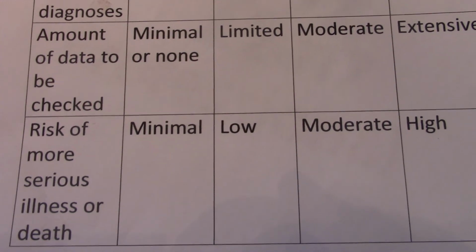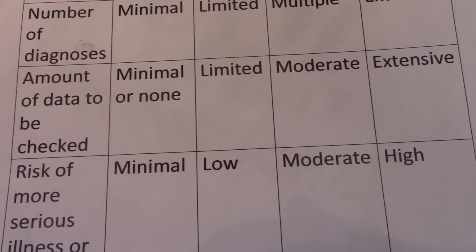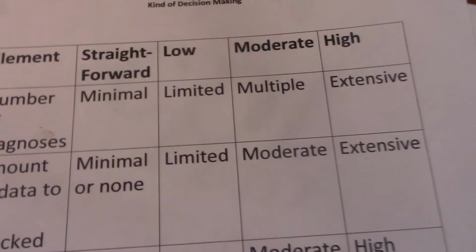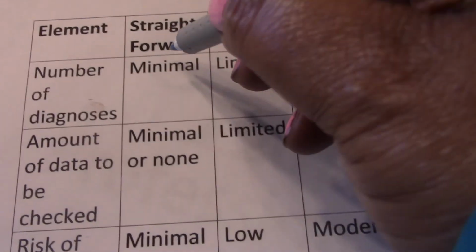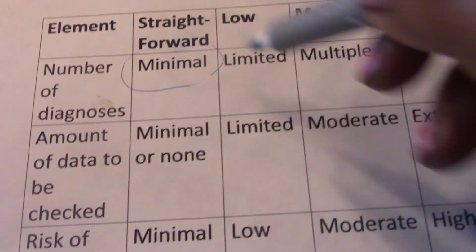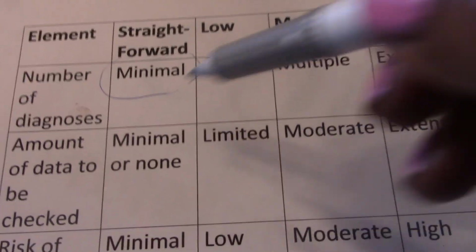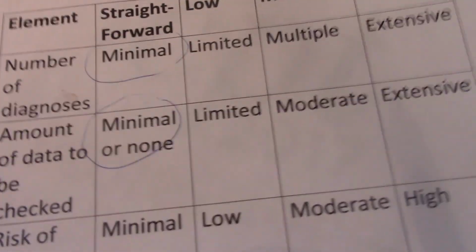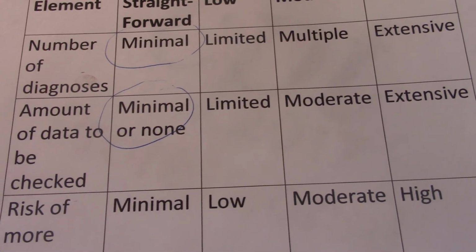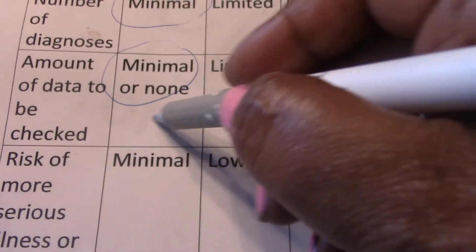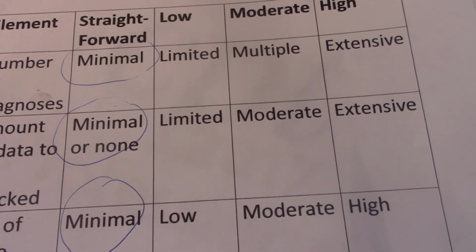For example, let's say that your physician saw a patient with one diagnosis, very little data to be checked. Let me see if I can circle these off while I'm holding this camera. Had one diagnosis, very minimal, little data to be checked, and a minimal risk of more serious illness or death to the patient. Okay?